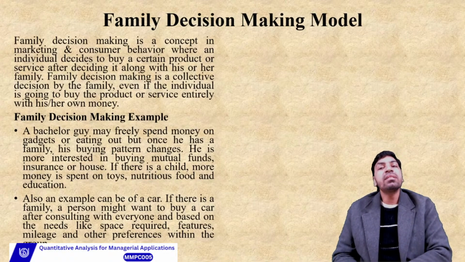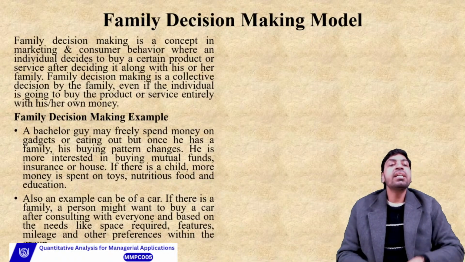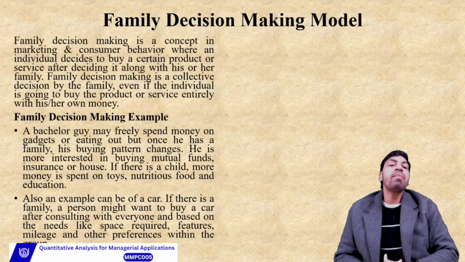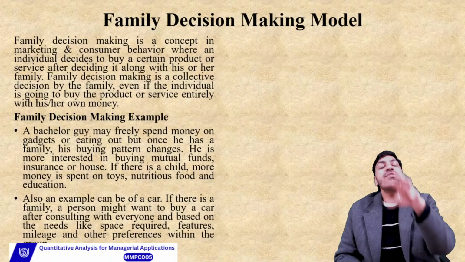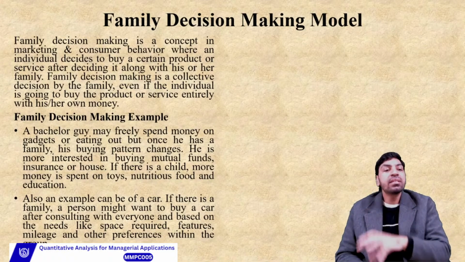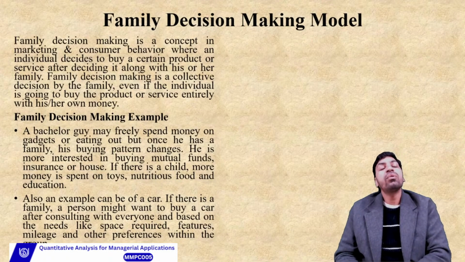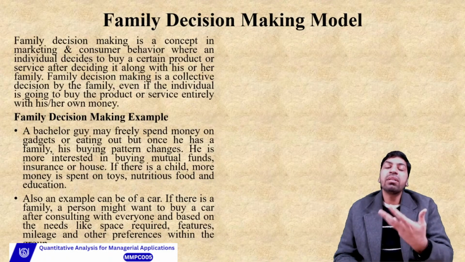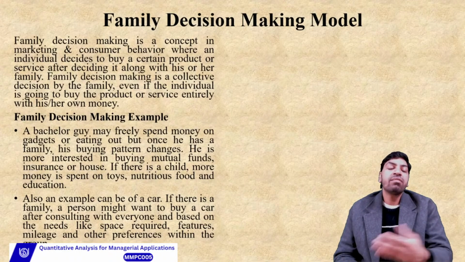It's not an individual decision, it is a collective decision taken by the family, even if an individual is going to buy that product or service entirely with his or her own money. There are a few examples.